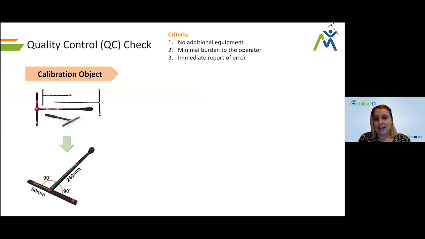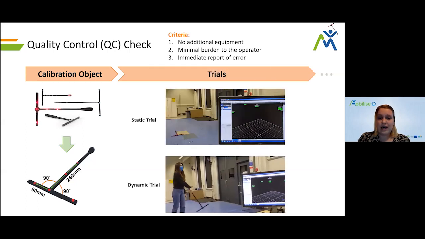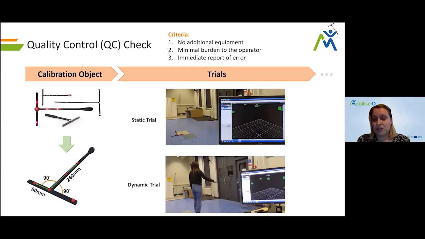So to do this, we use the calibration object, which is proprietary to the SP system. This is an object that comprises multiple markers where we have a known understanding of the distances between these markers and also the angles as well. Using this calibration object, we perform two short tasks.